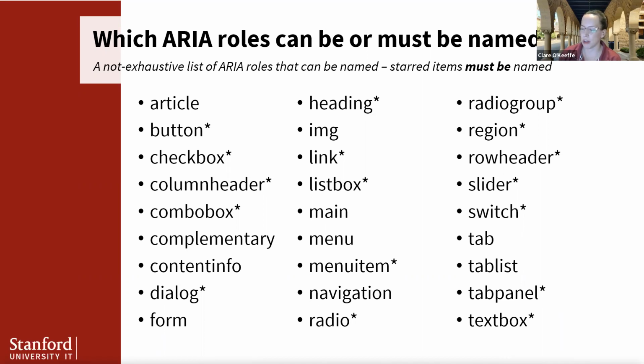Most of those are interactive elements. So like native HTML interactive elements, then the ARIA roles that are interactive really need to have it as well. And something like heading is not interactive, but you wouldn't expect a heading to have no content, no text, no label associated with it. So a heading has to have an accessible name, otherwise you really have no text to go along with it.